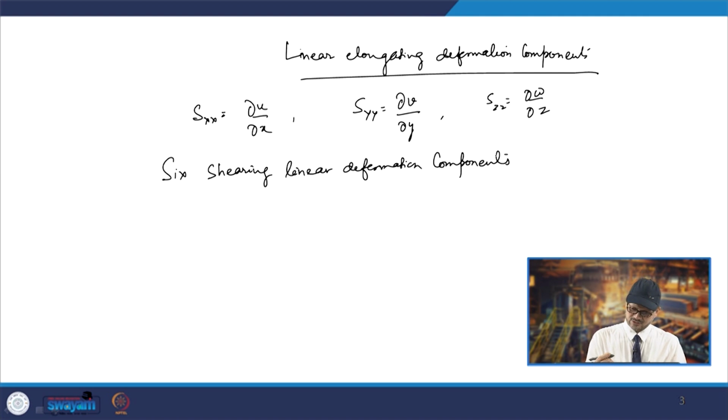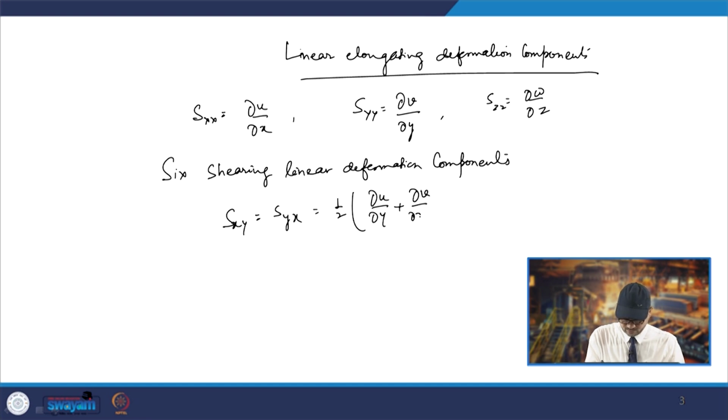Sxy or Syx is normally defined as half of dou u by dou y plus dou v by dou x.